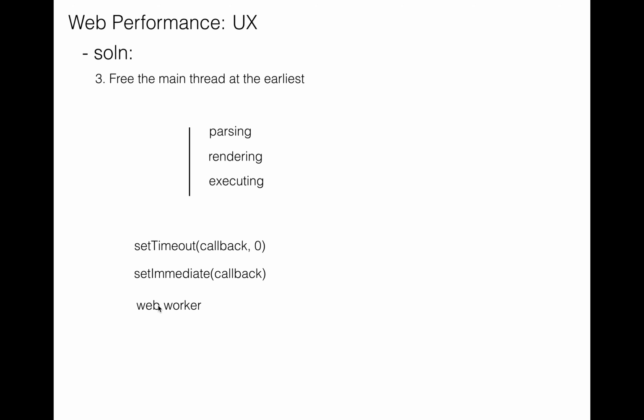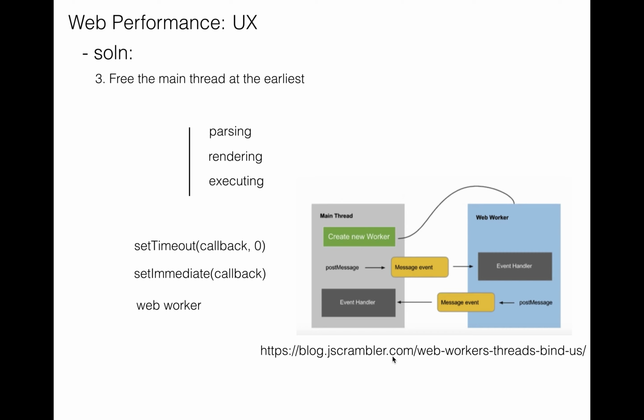The idea is illustrated through this diagram taken from this URL. You have the main thread, and from the main thread you create a worker thread, which is a separate thread that runs in the background, independent of the main thread. The web worker does its own heavy lifting, and finally when it is done, it sends a message back to the main thread so that the rendering and parsing is not affected in the main thread.